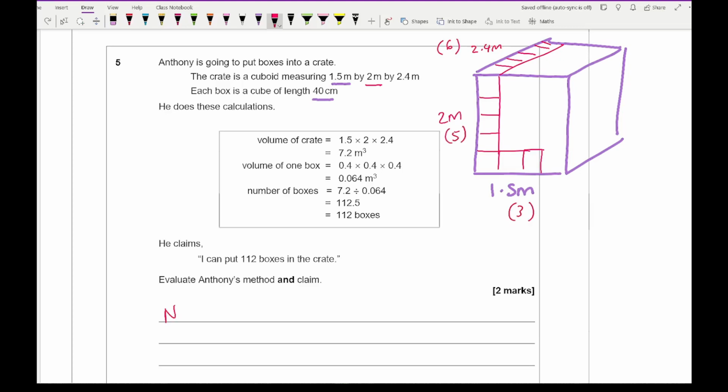So the number of boxes is going to be 6 times 5 times 3, which basically equals 90 boxes. So is Anthony's method and his claim correct?